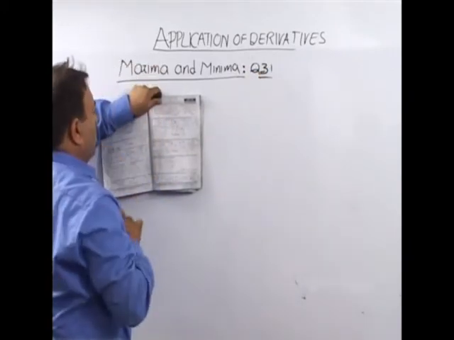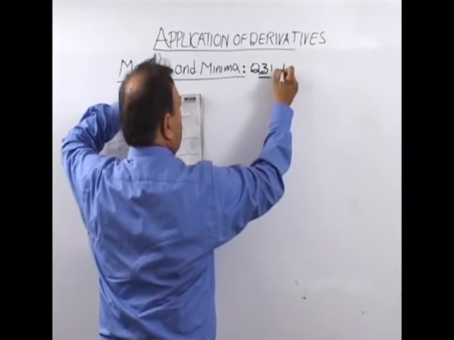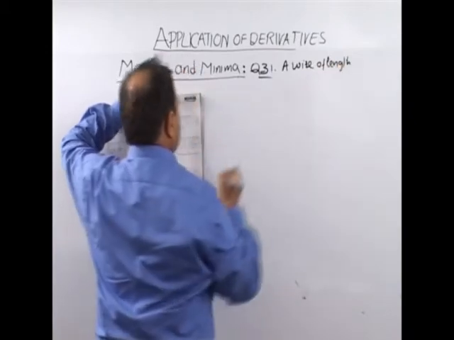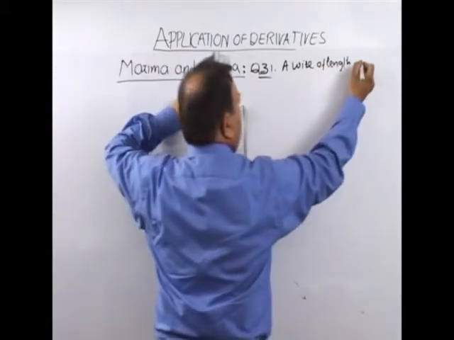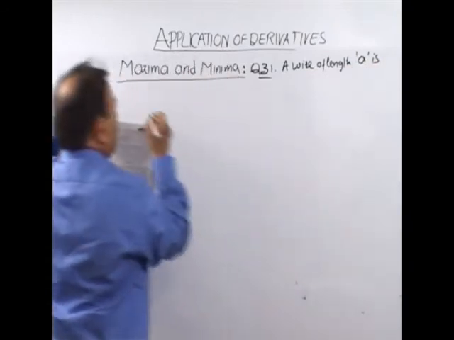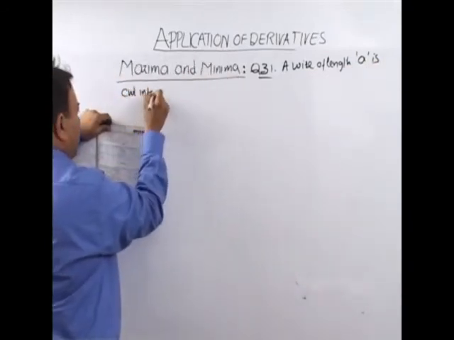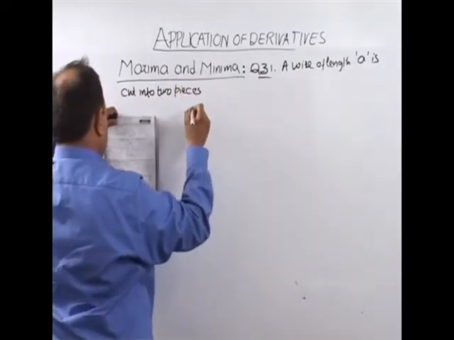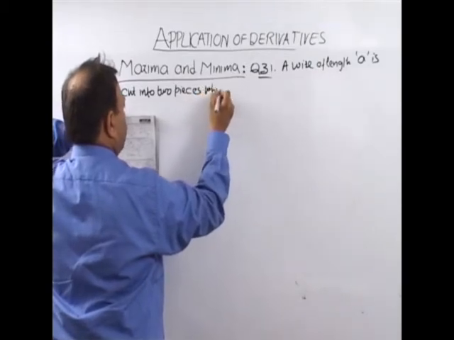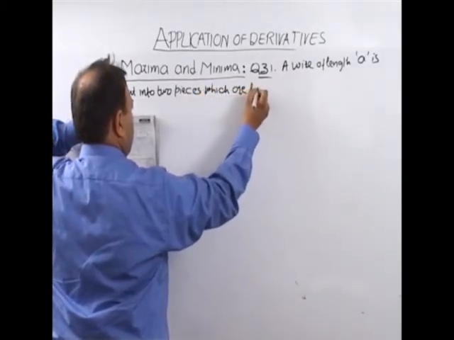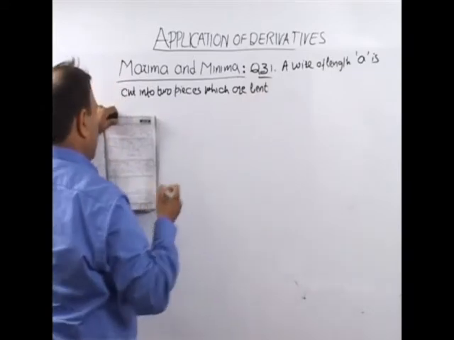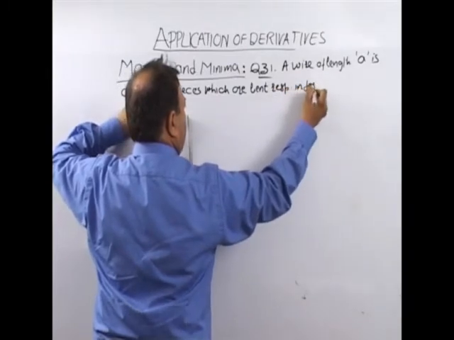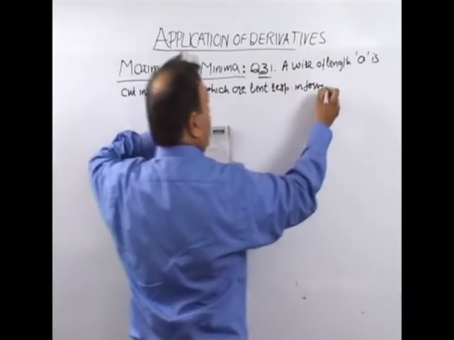Question number 31 of our booklet is: a wire of length A is cut into two pieces which are bent respectively in form of square and circle.